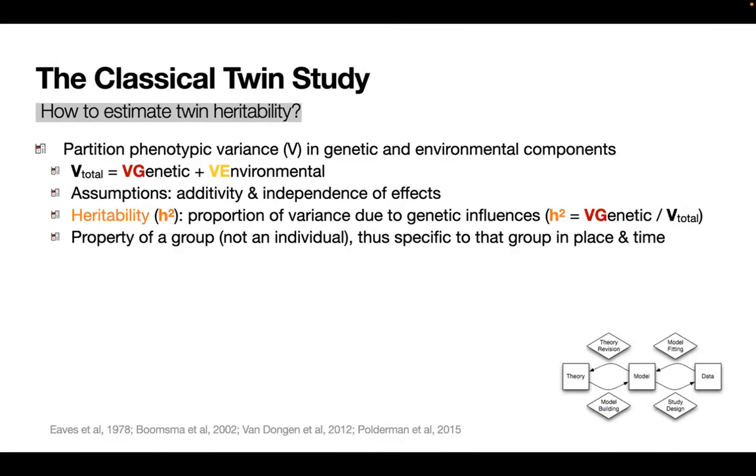We can then estimate the heritability as the proportion of variance due to genetic influences, as we've seen before, with Vg divided by V total being an estimate of heritability. It's important to remember that this is a property of a group and thus specific to that group in place and time.